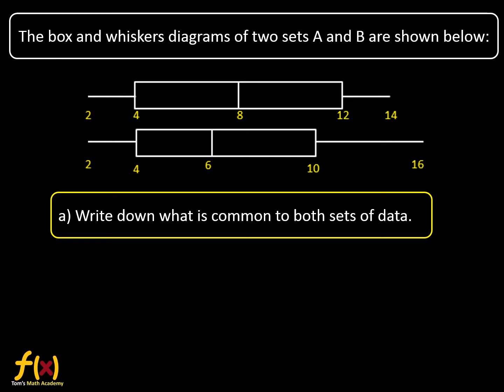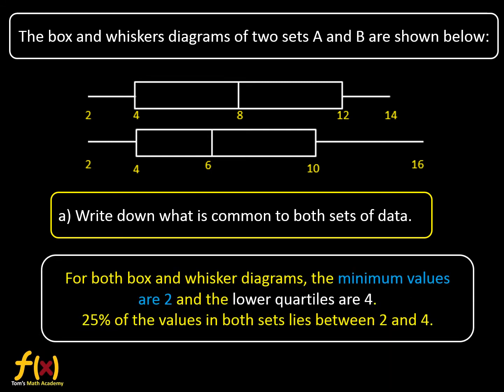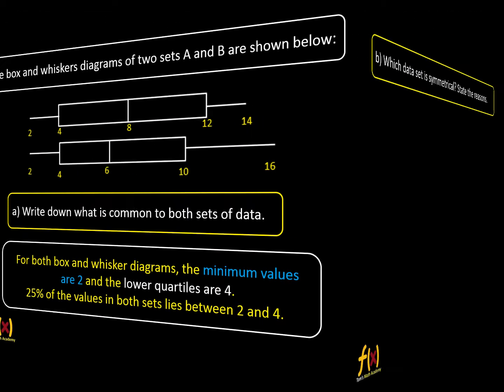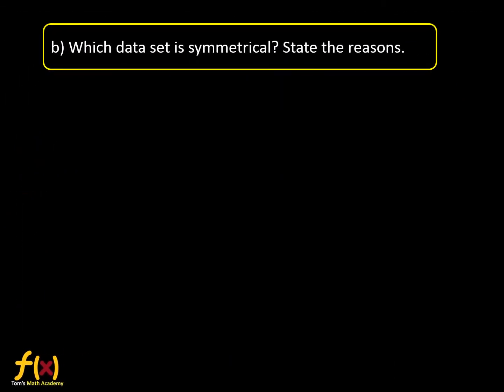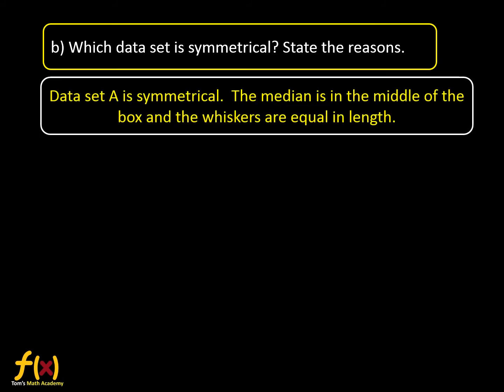For both box and whisker diagrams, the minimum values are 2 and the lower quartiles are 4. 25% of the values in both sets lie between 2 and 4. Okay, so we can get the answer for that. So what is common there? That is the question. Okay, write down what is common.